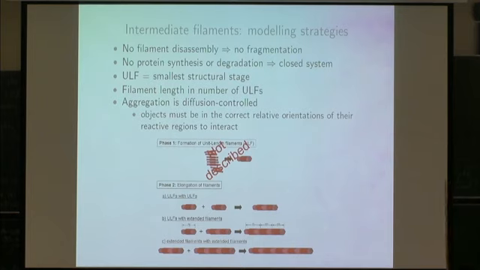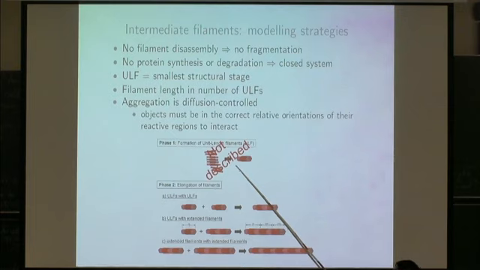And finally, also what we have is a closed system. We are not going to degrade and synthesize any other protein. So we have a closed system, a finite version of the equation. In here also, I'm going to forget about the formation finally of the ULF, because that is done in the first second of the dynamic.